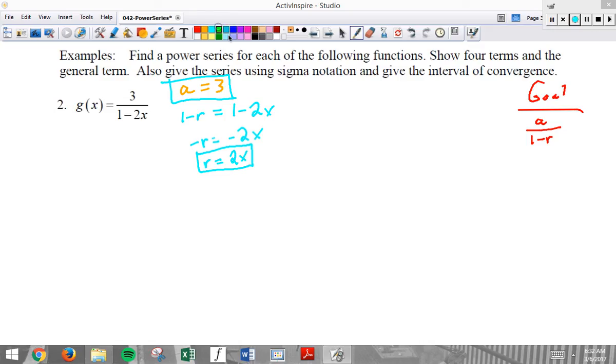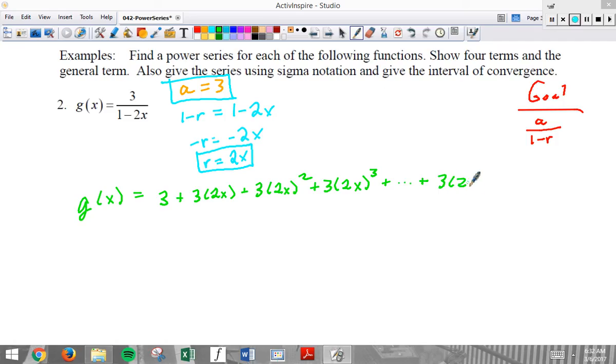So we have those 2 bits. So g of x, a plus a times r plus a times r squared plus a times r cubed plus dot dot dot plus a times r to the n plus dot dot dot.